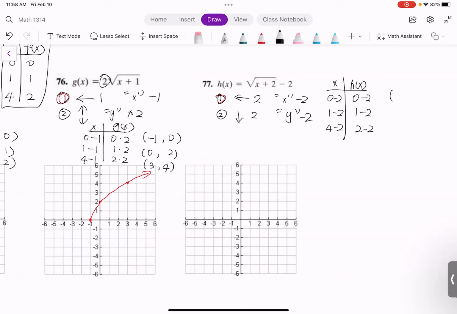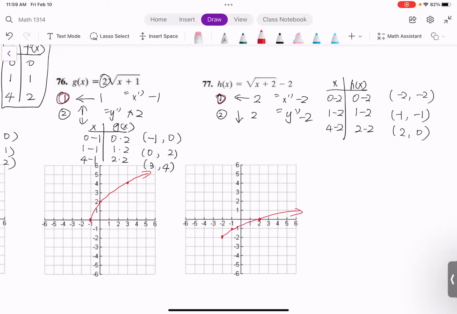And the key points are -2, -2, and -1, -1, and 2, 0. Let's plot the points. -2, -2 here. -1, -1. 2, 0. Okay, we found 3 key points. Line them up. Okay, this is the graph of the h function.